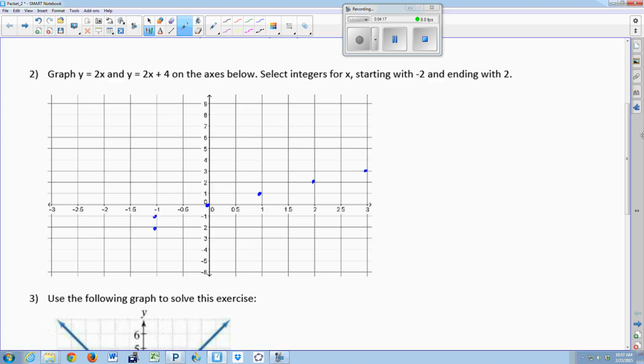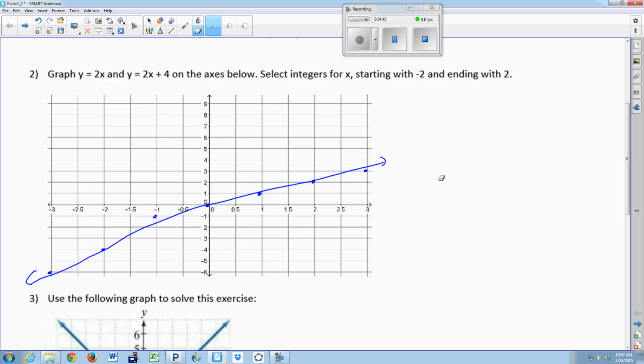Oops. Gotta erase that point. -2, -4, -3. So here's the line y equals 2x. Oops, I didn't do a very good job. I must have missed something there. No, it's just the scale's kind of funky here, huh? Did I miss anything? Why does it look so weird?